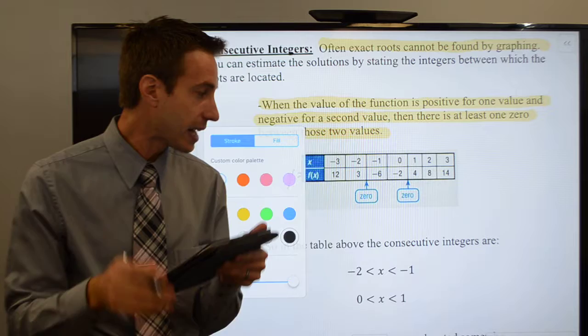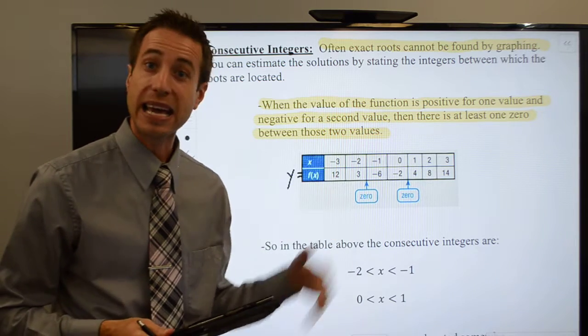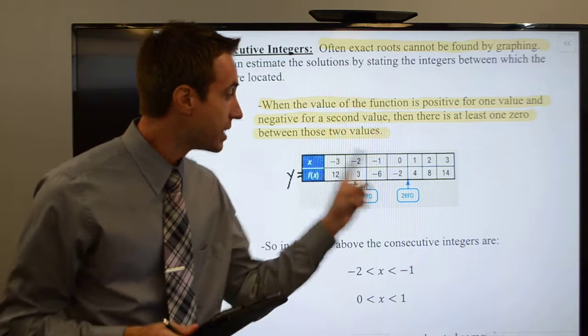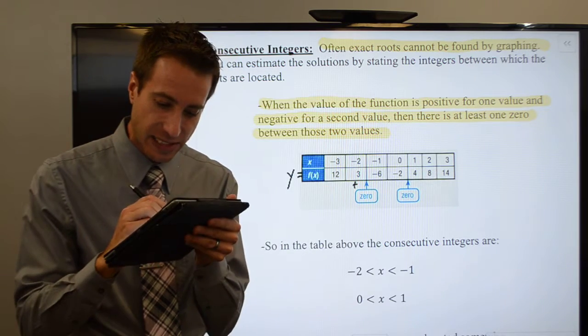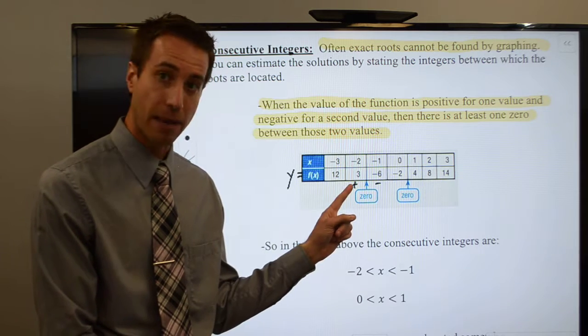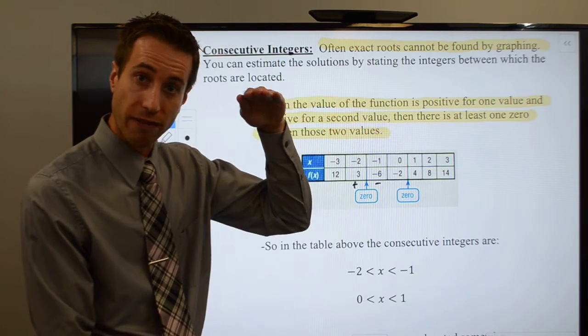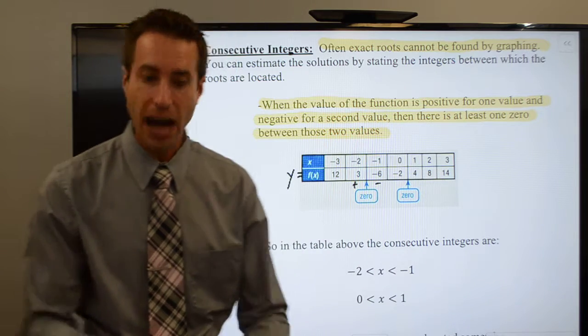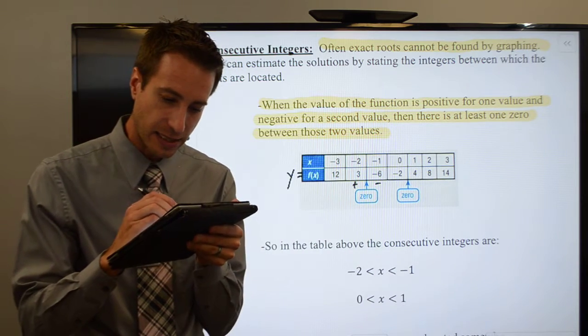Please notice that right here, I went from being a positive 3 to now being a negative 6. Again, the only way that I can go from being a positive y value to a negative y value is if I cross the x-axis.